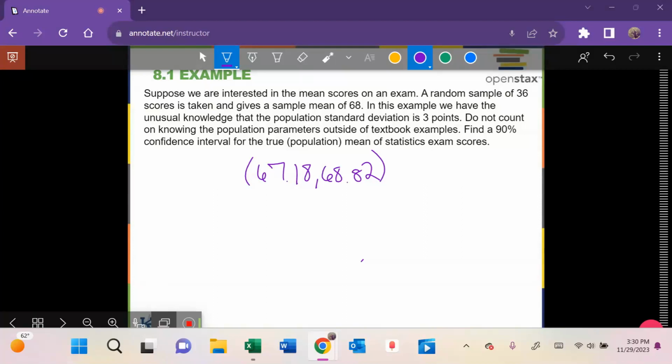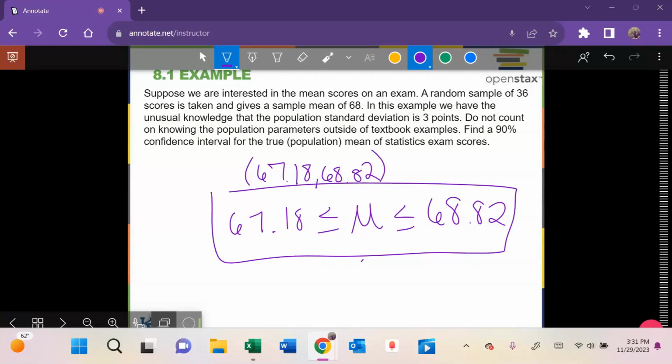Another way to write the interval is in a different form. And this form is helpful because it reminds us of what we're estimating here. So we're going to have 67.18, which is less than or equal to the population mean, which is less than or equal to 68.82. So this way shows us what we're estimating, and we again are estimating the population mean here.